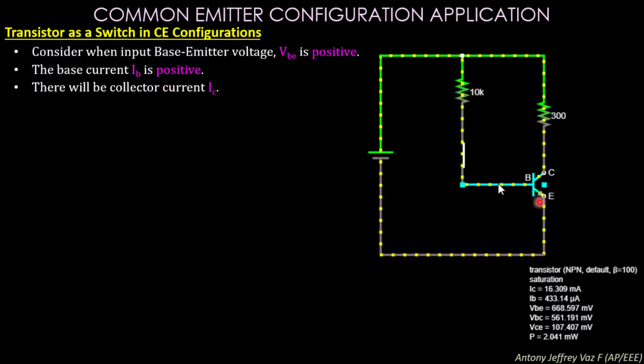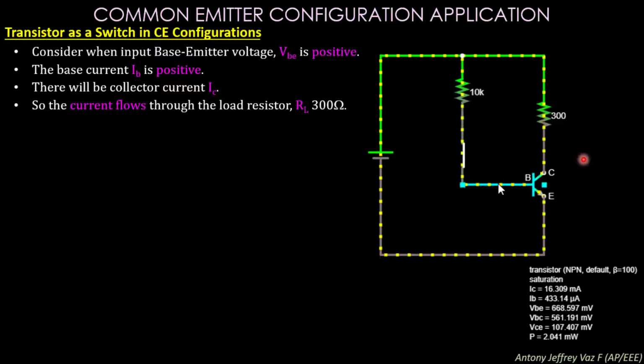You may see the electrons are flowing from the collector terminal towards the emitter terminal. So this current is flowing from the 300 ohm resistance towards the collector, and it again flows back through the emitter and returns to the battery. So now the collector current is flowing, and the current flows through the load resistance RL.